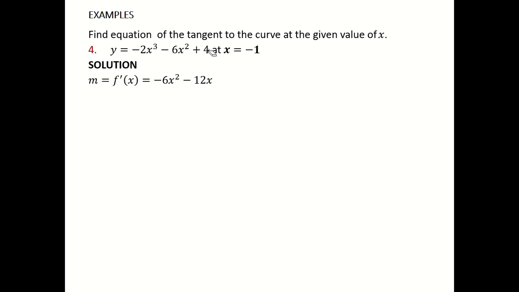The derivative of a constant is 0, so the derivative of 4 will be 0. Now take the given x value, minus 1, and substitute it into the first derivative, which is the gradient of the tangent. It'll give you the gradient of the tangent, which is m, and that will be equal to 6.